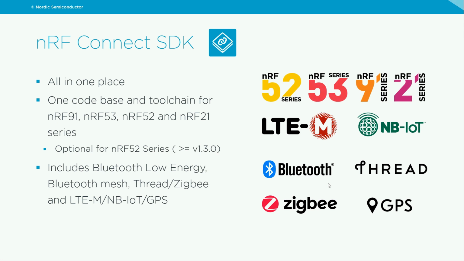And this code base, the nRF Connect SDK, is optional for the nRF52 series as of version 1.3.0. So for the nRF52 series, you can choose whether you want to use the nRF5 SDK or the nRF Connect SDK. And protocol support, we have Bluetooth Low Energy, Bluetooth Mesh, Thread, Zigbee, and also LTE-M, Narrowband IoT, and GPS support.